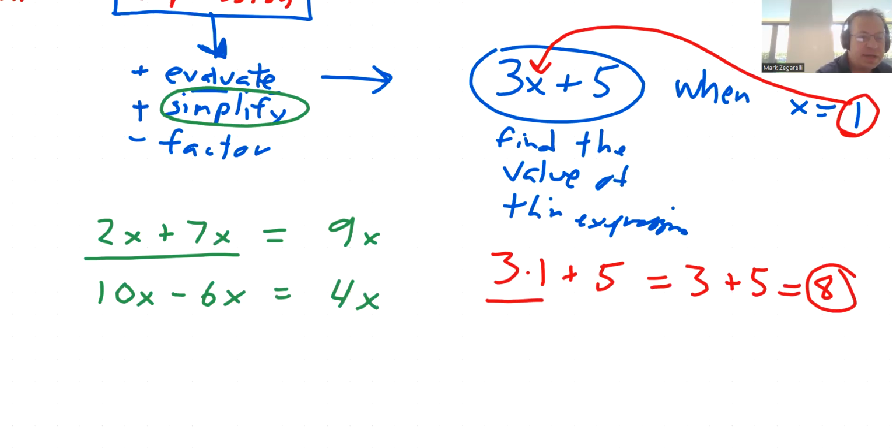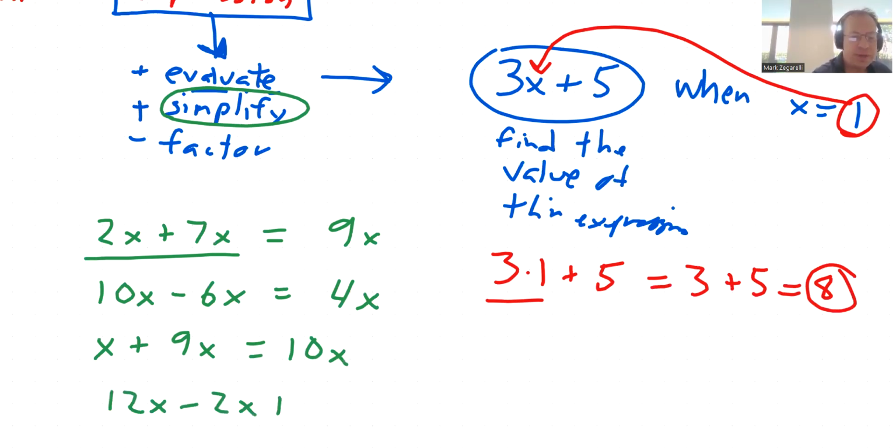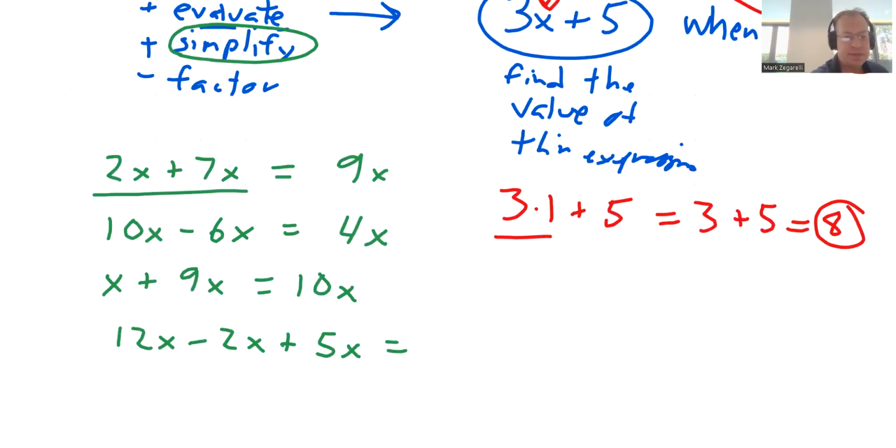Remember that a single x plus 9x, this single x is really 1x, so that equals 10x. And we could take 12x minus 2x plus 5x. We can also take more complicated expressions that have only x's. 12 minus 2 is 10, plus another 5 is 15x. And that's simplification.